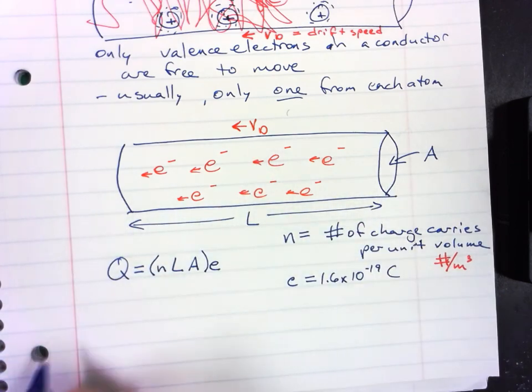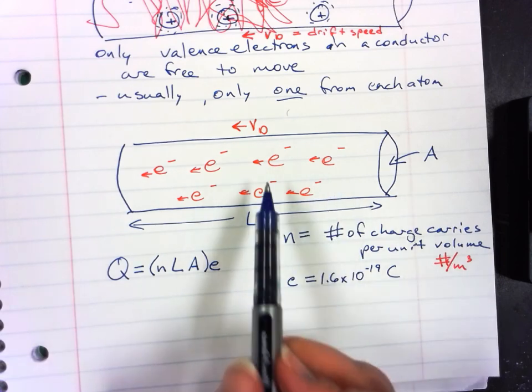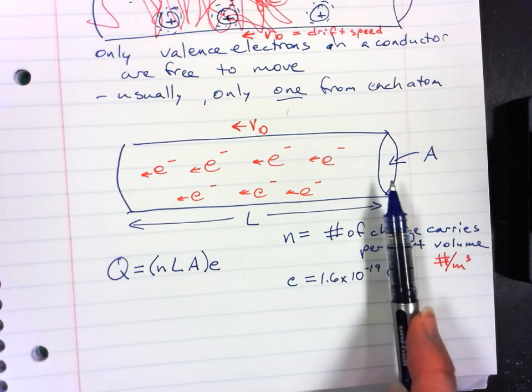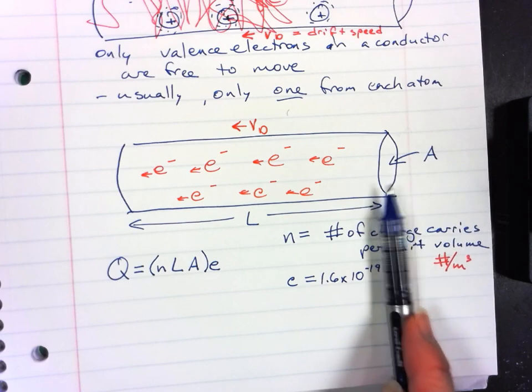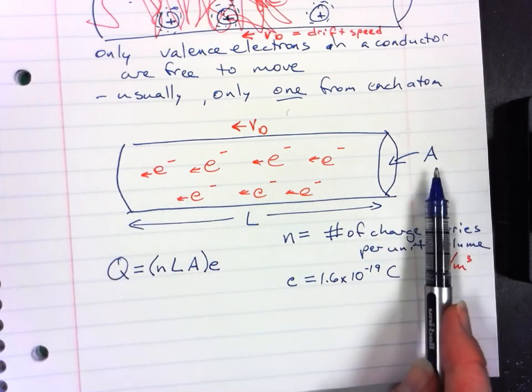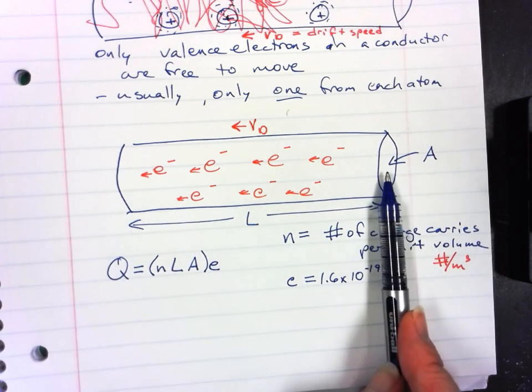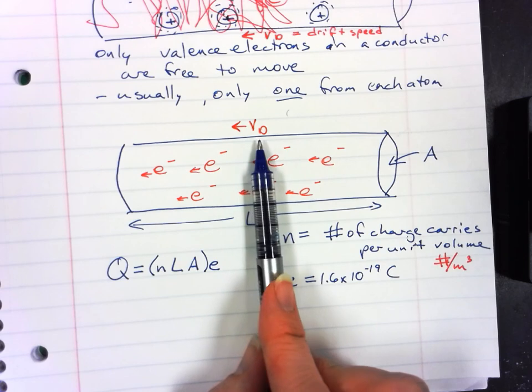But we want to find current. And current is the number of charges that pass this point in a certain amount of time. Well, as these exit, more are going to come in. And they're going to come in at a steady rate because they're all moving at this same drift velocity.